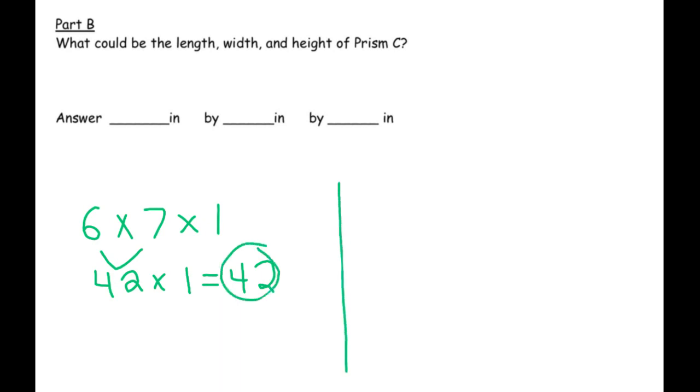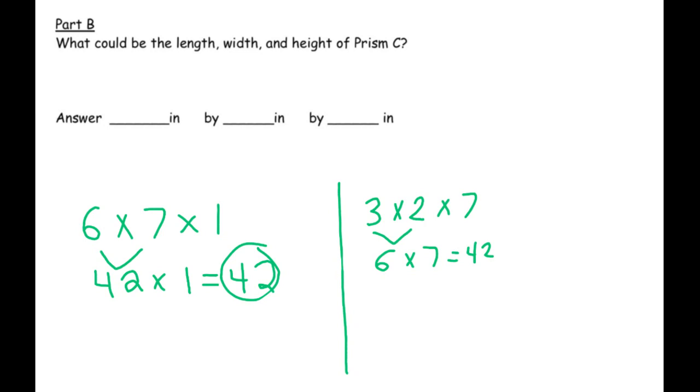Okay, another set of dimensions that I could possibly use, right, could be 3 times 2 times 7, right? 3 times 2 gives me 6, and then 6 times 7 gives me 42. So there are many answers that you can use and put into this particular problem.